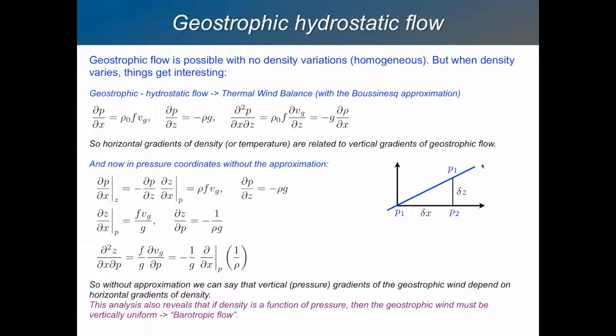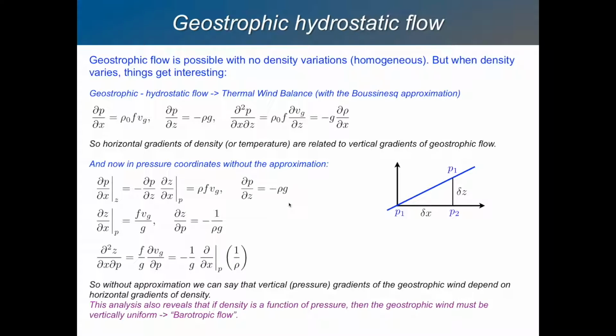If we want to take this horizontal pressure gradient and express it in pressure coordinates, then it would be the slope of this surface. You can convince yourself from that diagram fairly easily that dP/dx at constant z is minus dP/dz times dz/dx, which is the slope of that surface. And if you do that, that's our geostrophic equation. Our hydrostatic equation is unchanged. It's just the vertical pressure gradient.